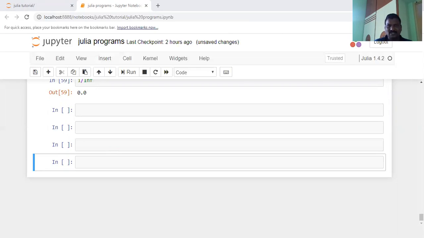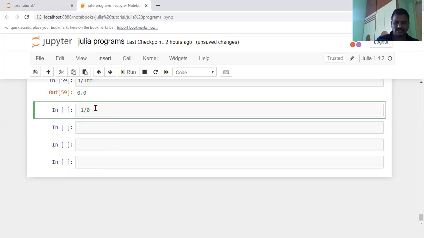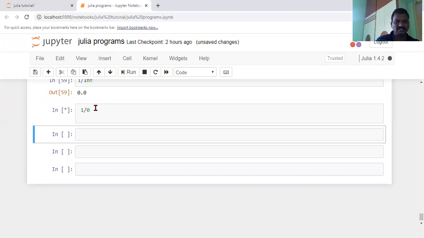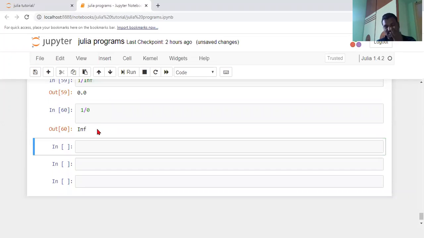What is 1 by 0? It is infinity, the Inf value.